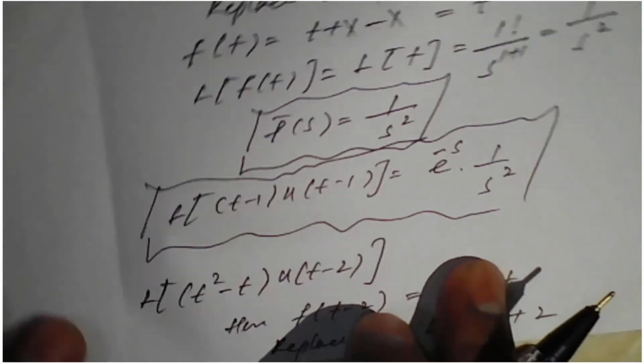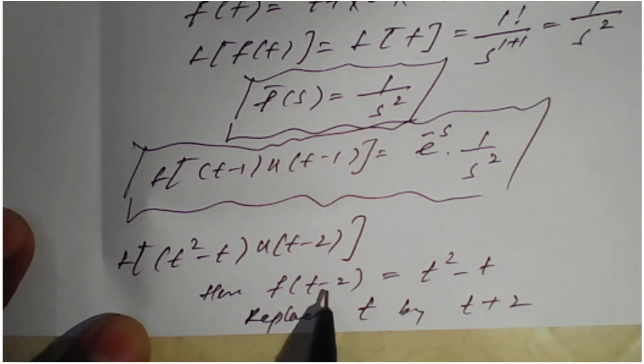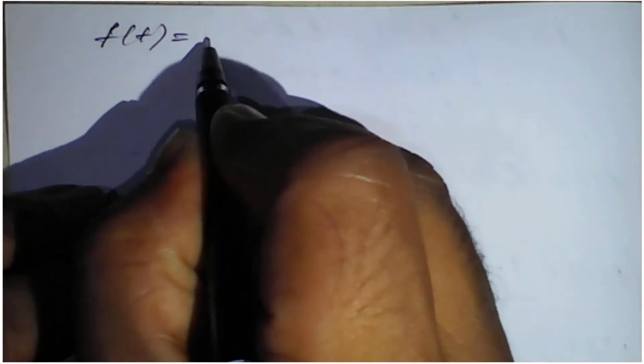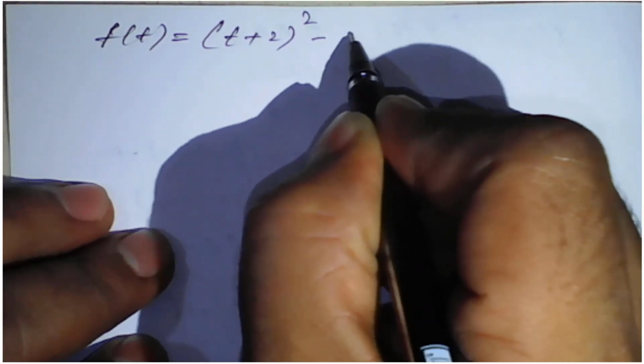So we get f of t is equal to, so as per the instruction what we have taken here, t will be replaced by t plus 2. So this will become plus 2 minus 2 cancel, f of t. So t square minus t, it will become what here? So t square will become what here? T plus 2 square minus t will become what here?